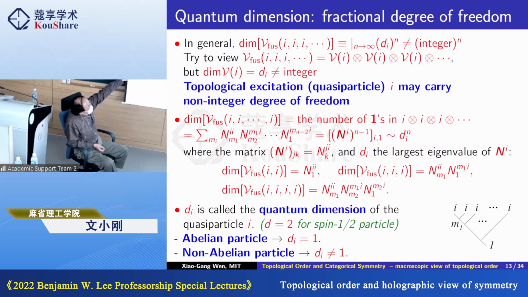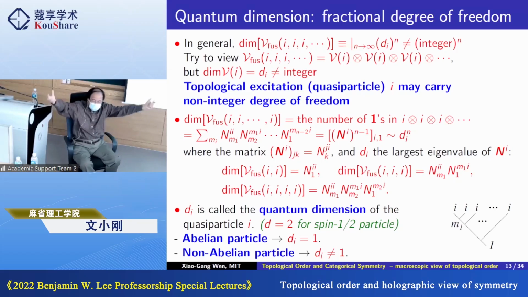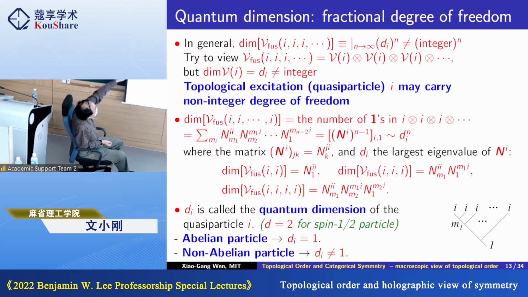Once you know the degeneracy of this I particle, you take the nth root of it. The total degeneracy can be viewed as the nth power of the individual degeneracy, because we want to view this total fusion space as a tensor product of individual vector spaces, since we have many particles far apart. If each individual vector space has a dimension di, then di to the nth power should be the dimension of this space.